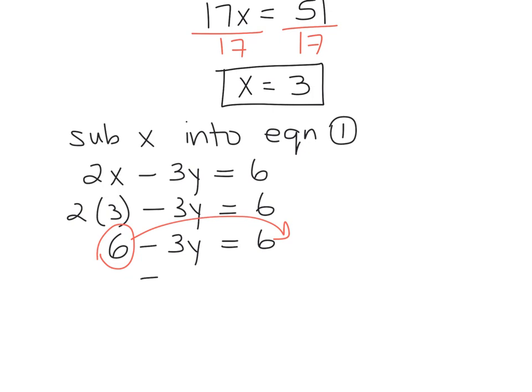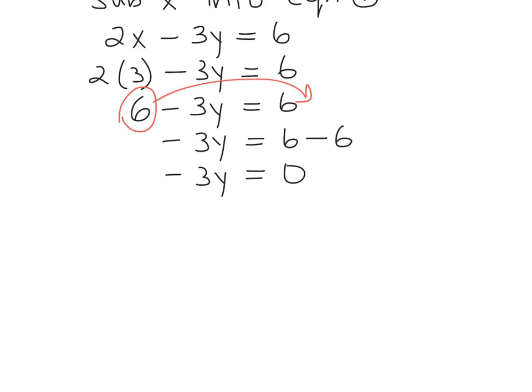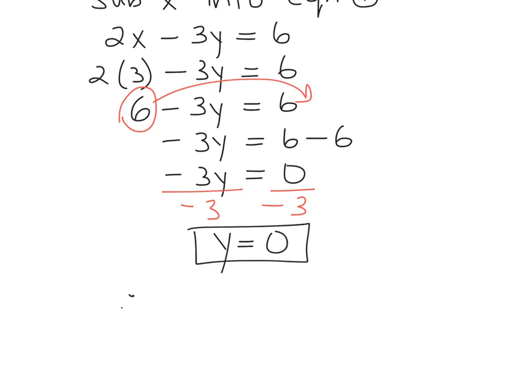So that's going to leave me with negative 3y equals 6 subtracted by 6. 6 subtracted by 6 is 0. And then I want to isolate for y, so I'm going to divide both sides by negative 3, which gives me 0. So therefore, my point of intersection is going to be 3 and 0.